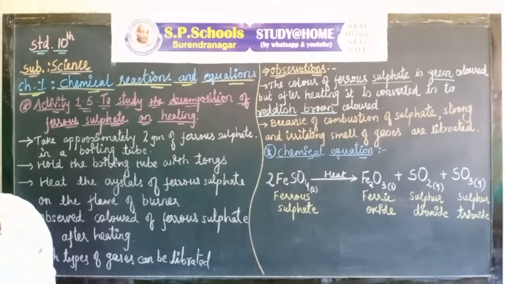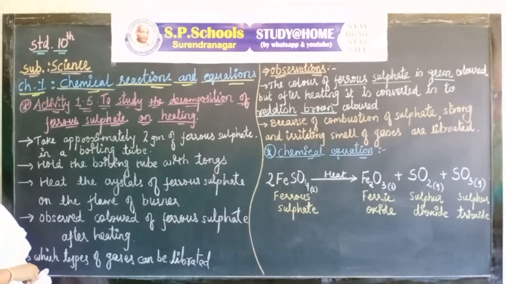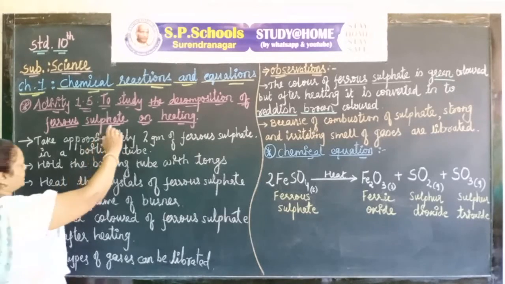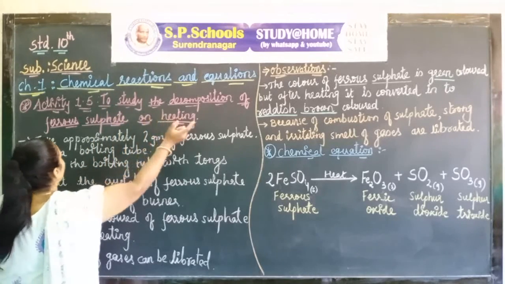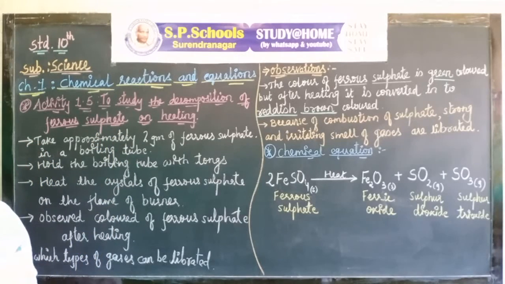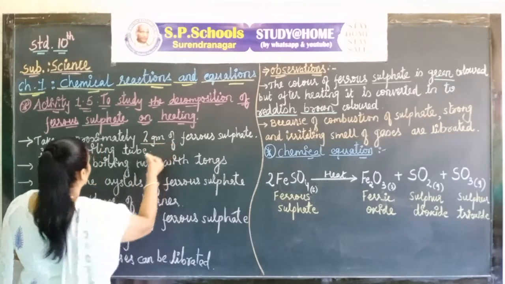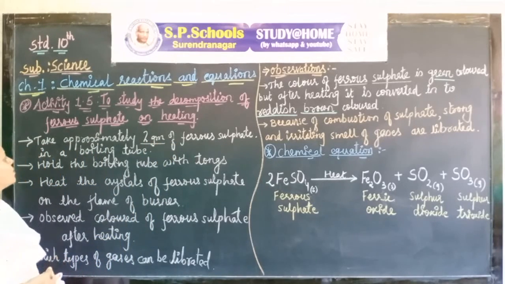Let's revise quickly. First of all we study the decomposition of ferrous sulfate on heating. Take approximately 2 gram of ferrous sulfate in a boiling tube. Hold the boiling tube with tongs.